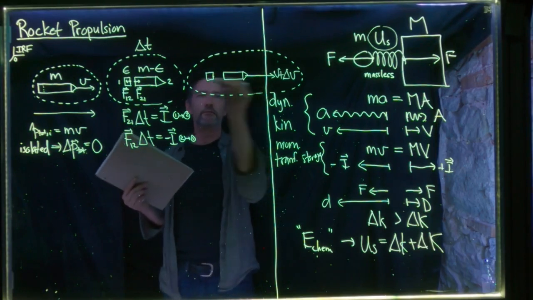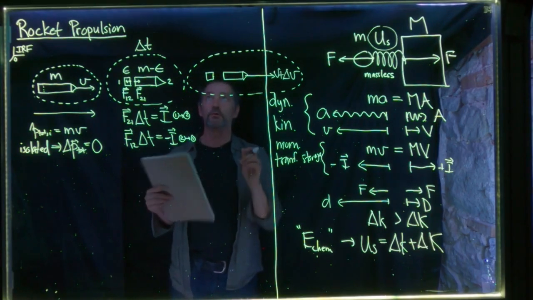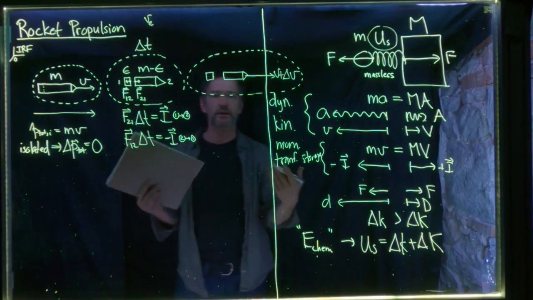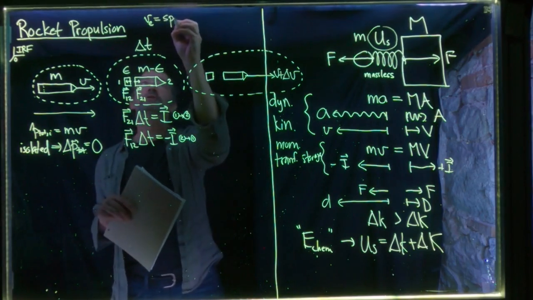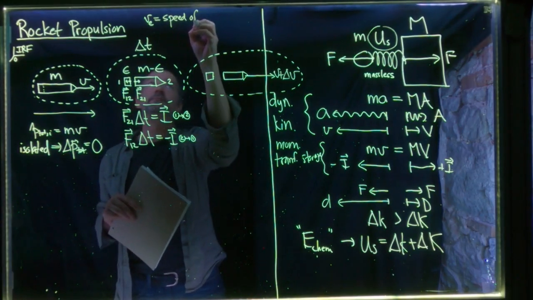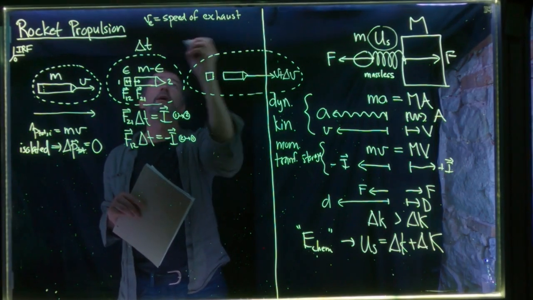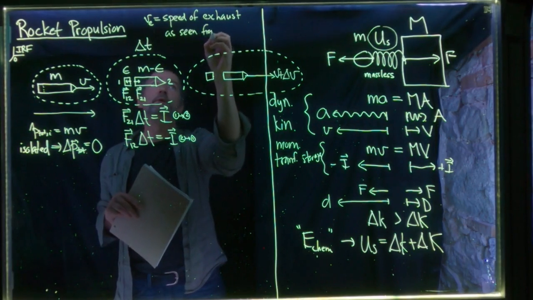The question is, we know its mass, but how fast is it moving? Well, this is important. We're going to say that VE is the speed of the exhaust gas particles, so it's a positive number, the speed of the exhaust gas particles as seen from the rocket.